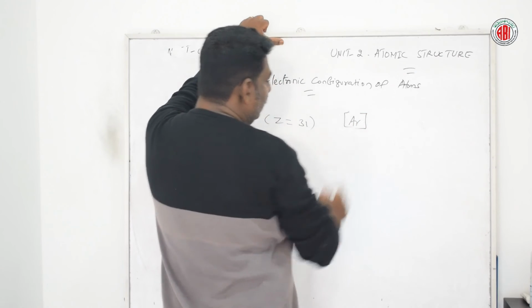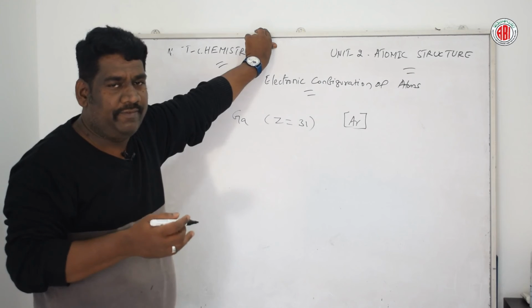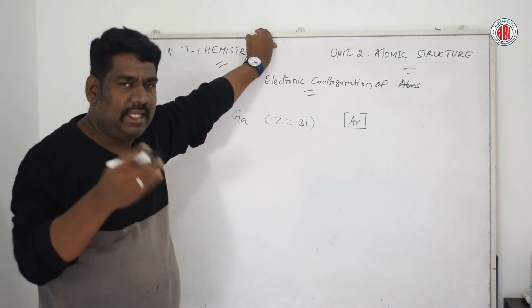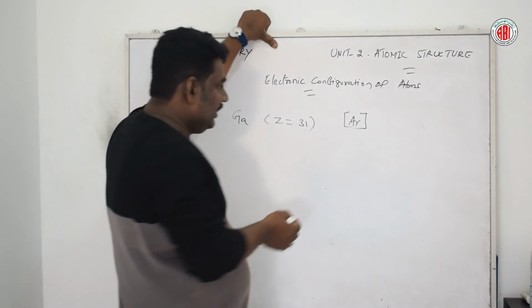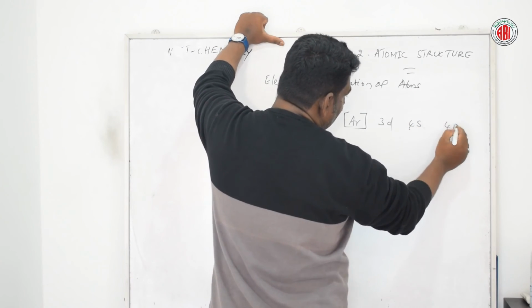18 electrons are filled. Now how many electrons are left over? That should be filled in 3d, 4s and 4p. So first let us write 3d, then 4s, then 4p.